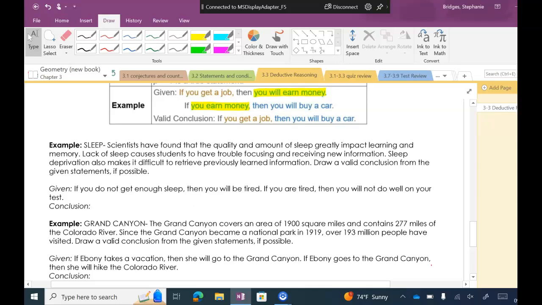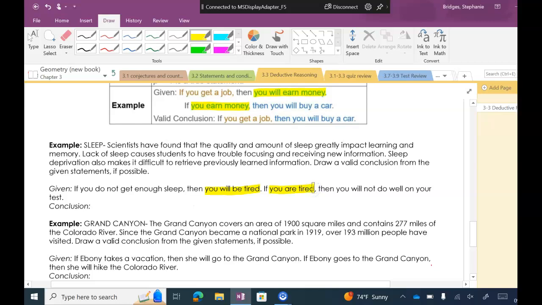So what does my first one say? If you do not get enough sleep, then you will be tired. That's my first conditional statement, correct? Then the next one says, if you are tired, then you will not do well on your test. So what I'm looking at here, in my first one, the conclusion, I'm tired, does the conclusion in the first statement match the hypothesis in the second statement?